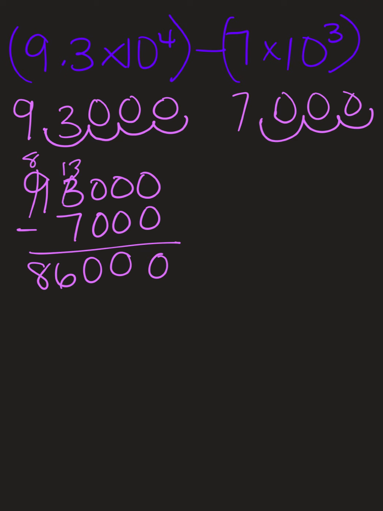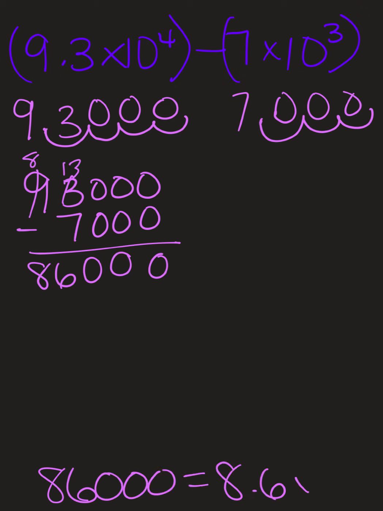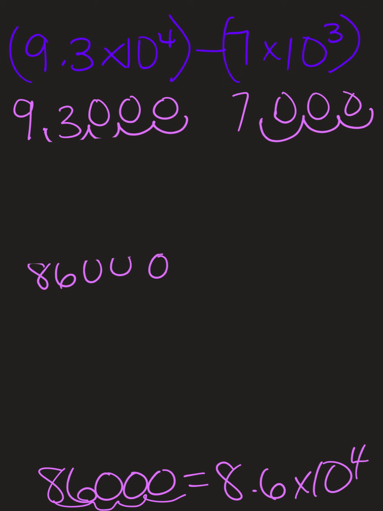Okay. So that is one option. So we know that our final answer should be 86,000, or its equivalent in scientific notation, which is 8.6 times 10 to the power of 4. So I'm going to cover that up for a minute.